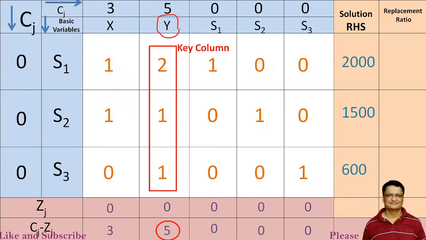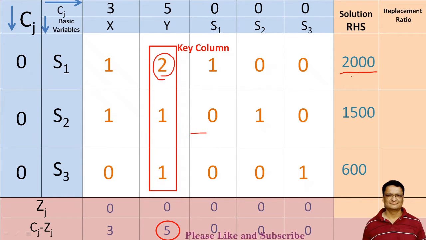Now in this basic variable, y is going to replace any one of these three variables, and we have to find out which one it will replace. To find that out, we have to find the replacement ratio. Now the replacement ratio is given by this right hand side value divided by the element in the key column.